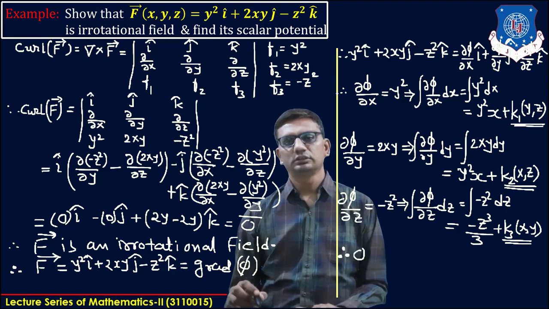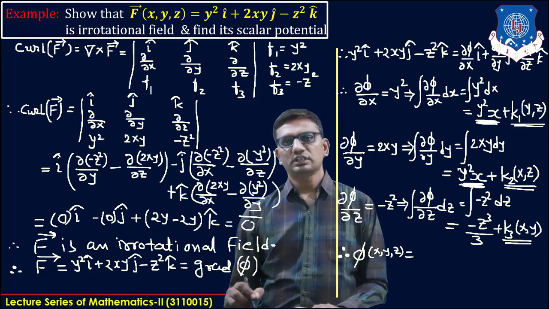Therefore phi equals, we are not taking y square x two times. So finally, our phi of xyz, which is the scalar potential of our given function f bar, is x y square minus z cube by 3 plus c, which is our scalar potential.